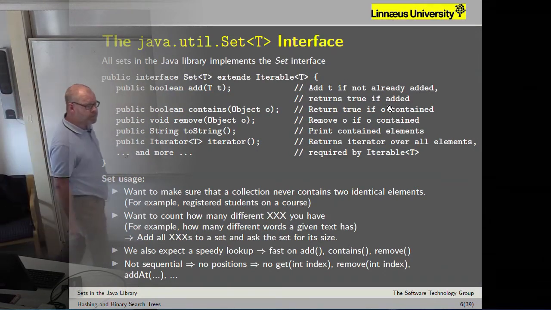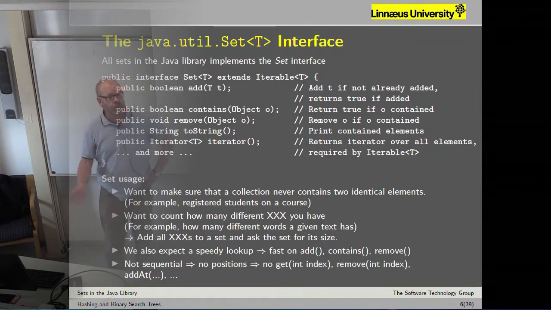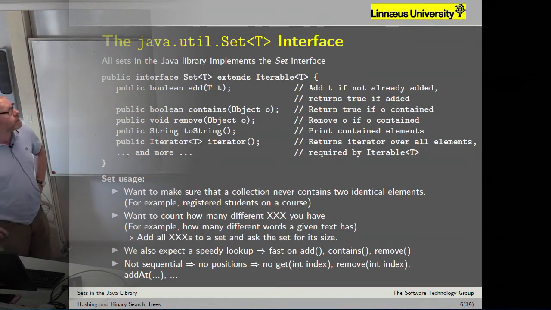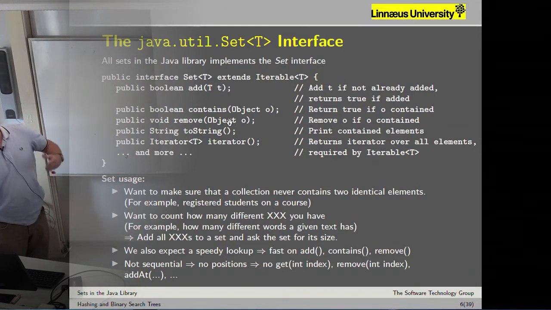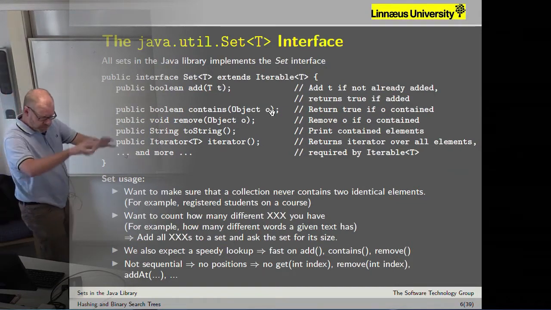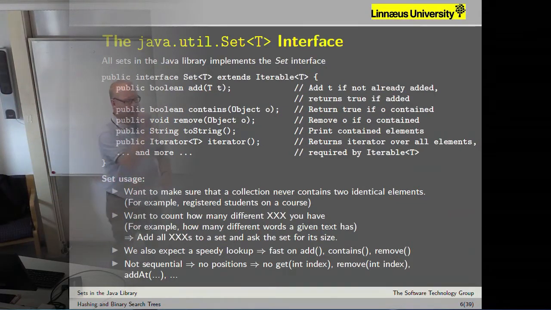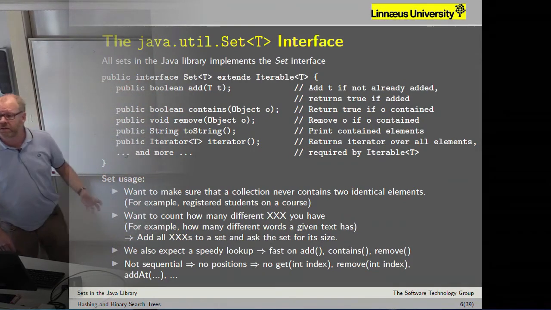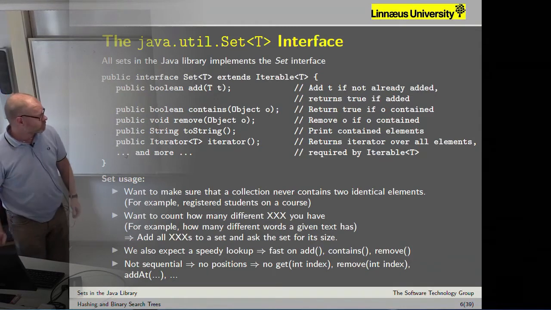If you try to add the same element a second time, it will be ignored. So it will not contain any duplicate elements. And it has no position. That means we have no method called remove at a certain position. You can remove an element, you can ask if it contains, but you cannot add it at a certain position. Consider it as a box. You're just adding things to it. It doesn't contain any position and it doesn't contain any duplicate elements.